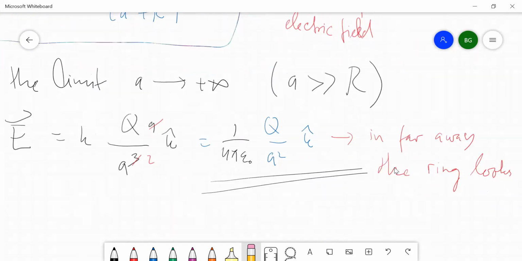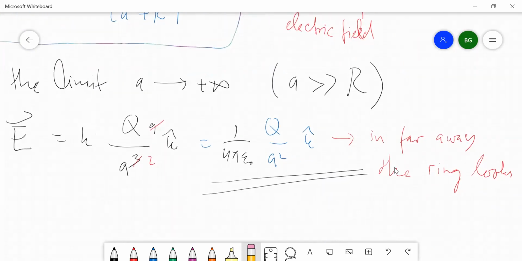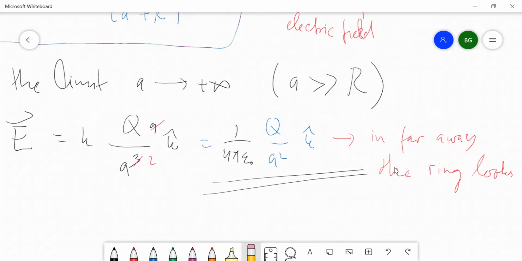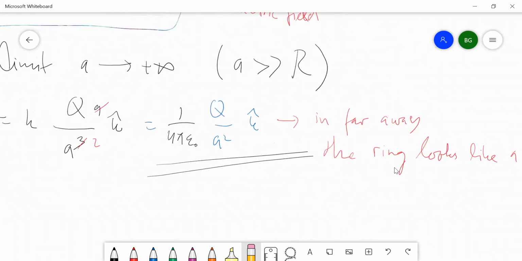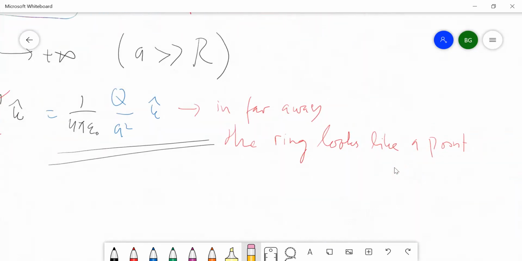Ini artinya apa? Cincin kalau kita lihat dari dekat itu berupa cincin, tapi kalau kita lihat dari jauh itu berupa titik. Artinya cincin itu kalau kita lihat dari jauh bisa kita sederhanakan menjadi partikel titik. Jadi ini adalah rumusan partikel titik, Q per a kuadrat. Seperti itu. Nah itu mungkin dari saya.